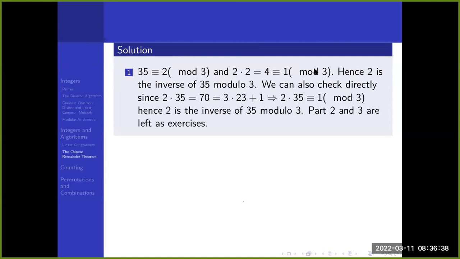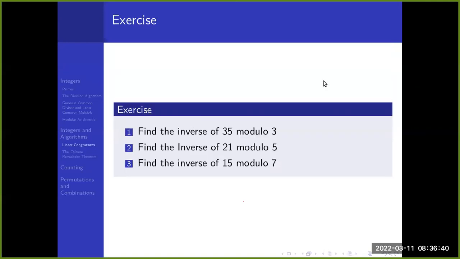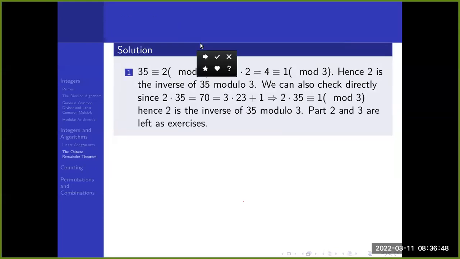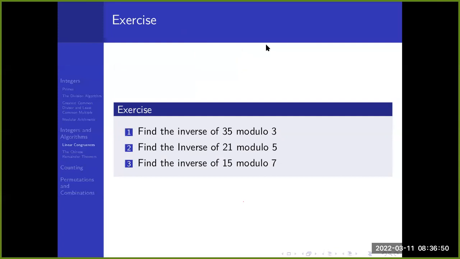Okay, so we can now continue. So here are some exercises for you that we should be doing shortly, just to learn how to find the inverses. So the first question is to find the inverse of 35 modulo 3.